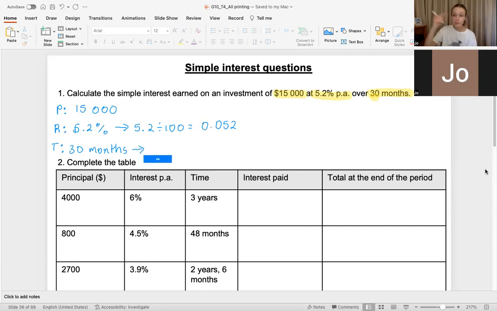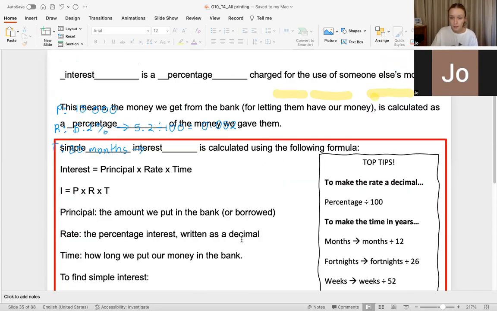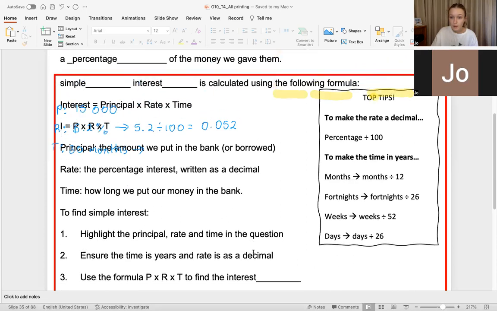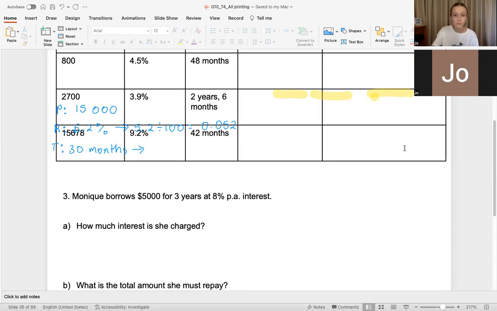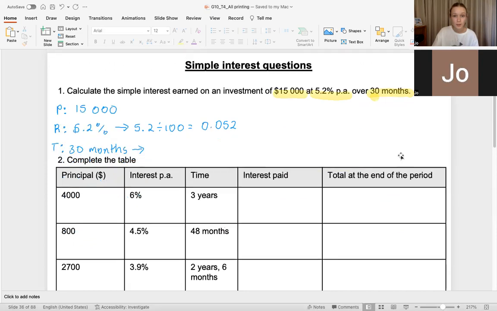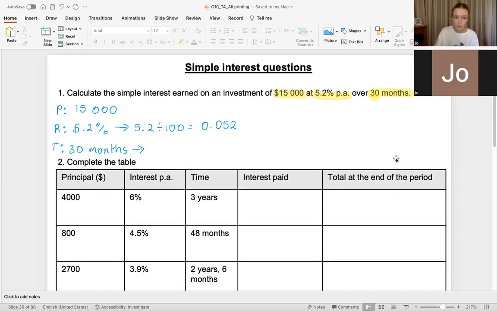So to convert months to years, and if you're stuck with this, you can go back to the last slide, I have to go months divided by 12. Let's come back up here. My months is 30 months, so I'm going to go 30 divided by 12. 2.5, it's okay if it's a decimal.